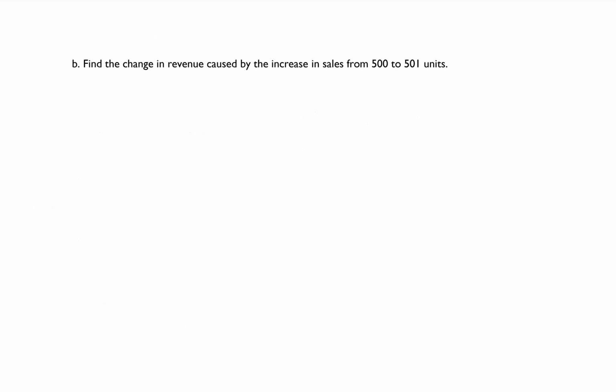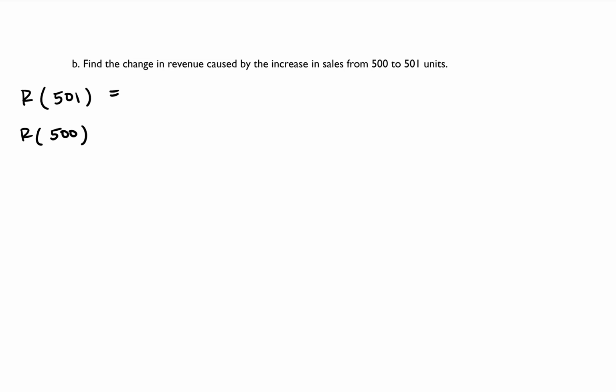Part B says find the change in revenue caused by the increase in sales from 500 to 501 units. So what we want to do is find R of 501 and also find R of 500 and subtract those.